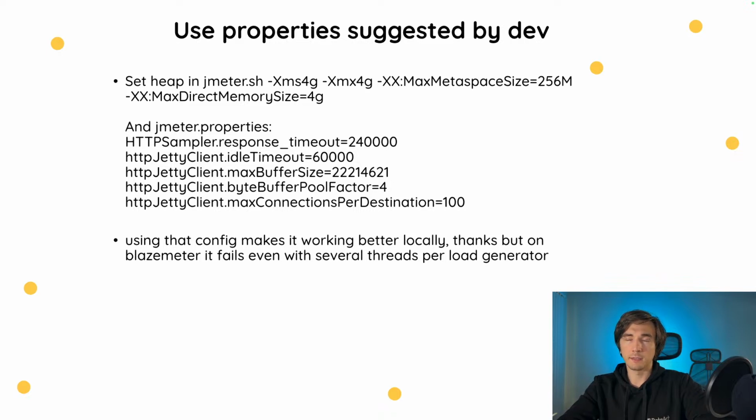But in the case of Jetty, it is also using direct memory. Direct memory is separate memory with separate settings, which could be used by your application to store some SSL connection data, network communication details and so on.